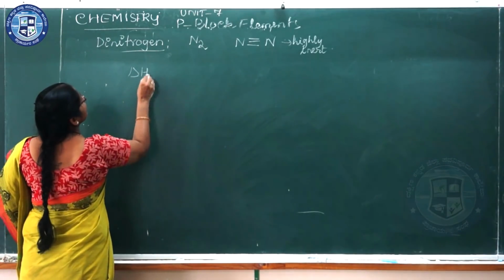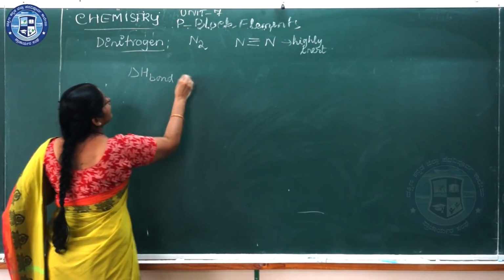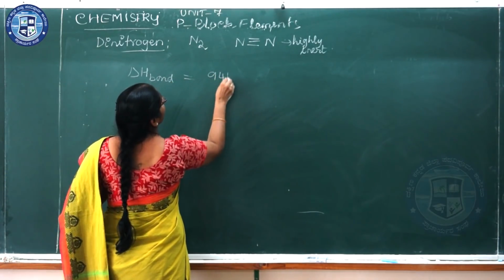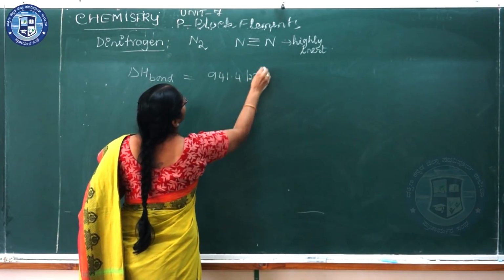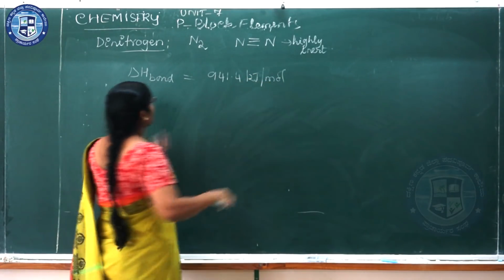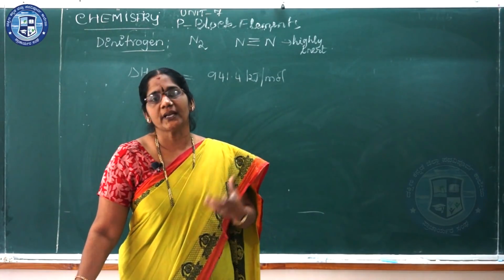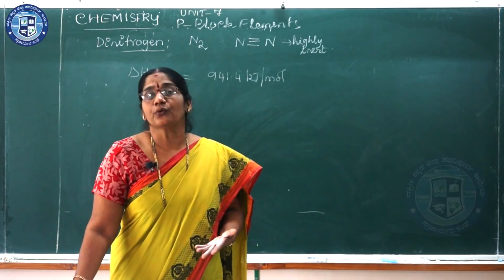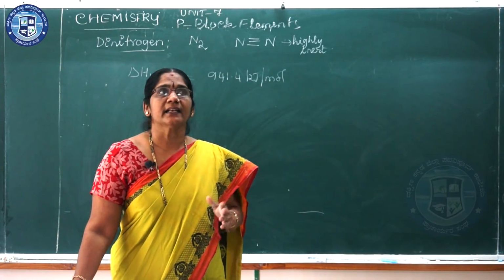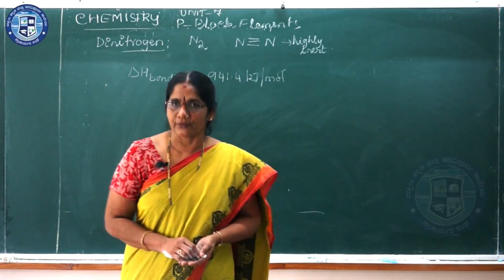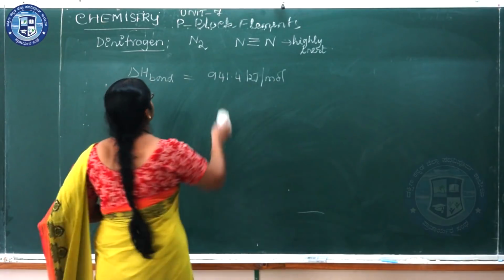So you need this much energy to break the 3 bonds between nitrogen atoms. Therefore, N2 is highly inert and present in the atmosphere along with oxygen.